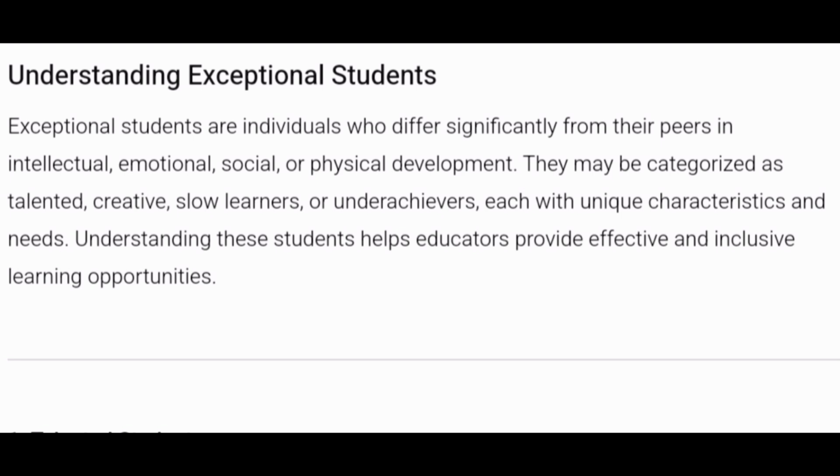Of course, in the classroom you see some students are more talented than others. Creative, also, there are some students who are more creative than others. Slow learners, also, there are certain children who are slow learners. They don't understand the thing at once, they need to be repeated again and again. Or underachievers, these are the children who are not able to achieve what they wanted to, each with unique characteristics and needs. Understanding these students helps educators provide effective and inclusive learning opportunities.